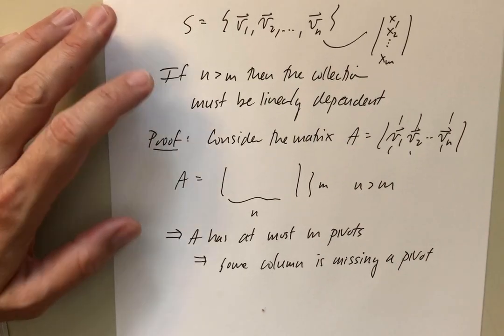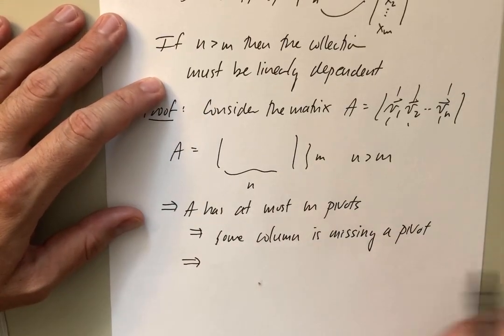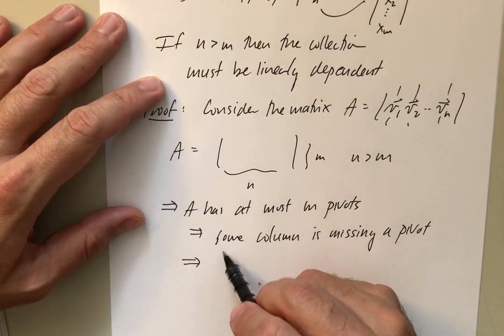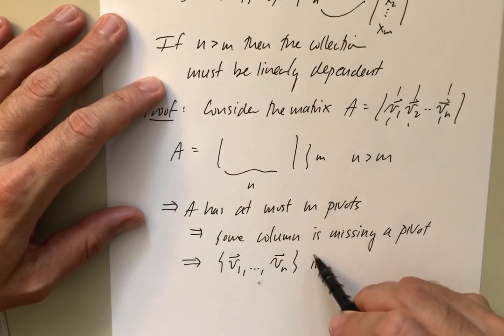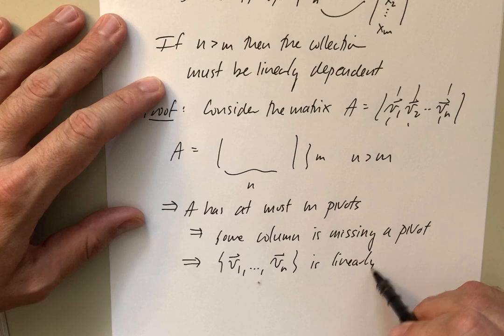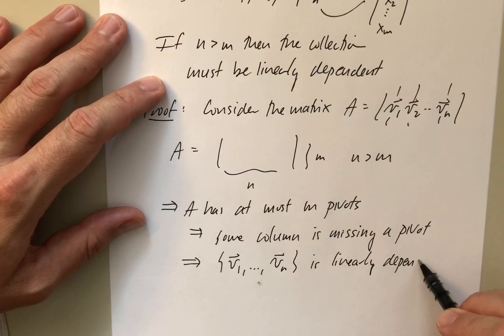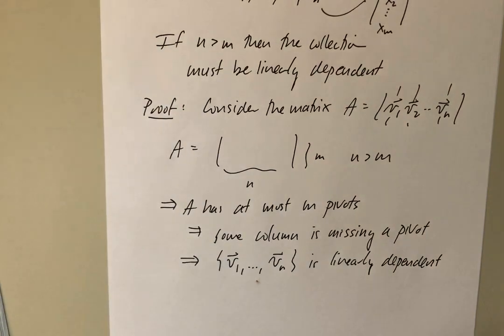And we've seen this before. This is how we started off this lecture. This implies that the collection v1 through vn is linearly dependent.